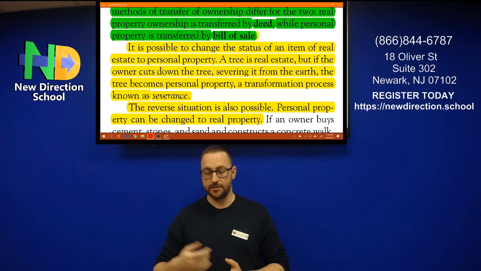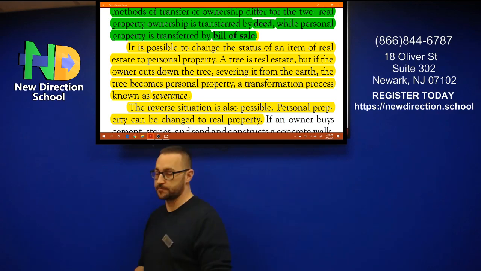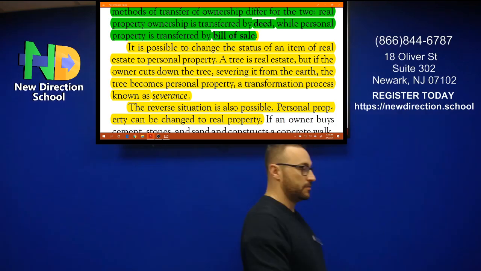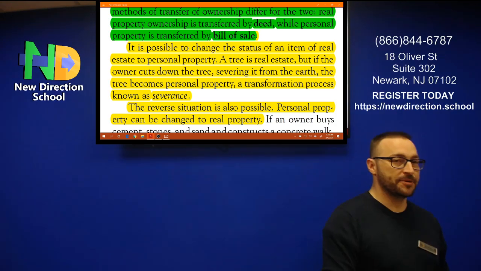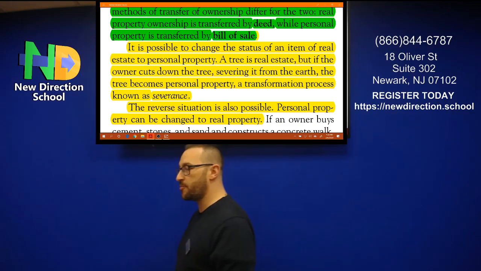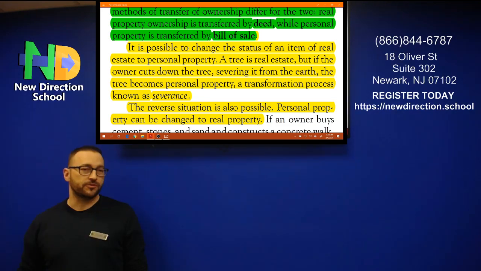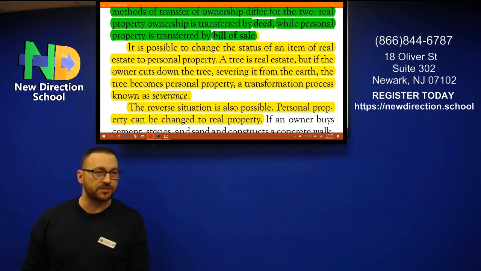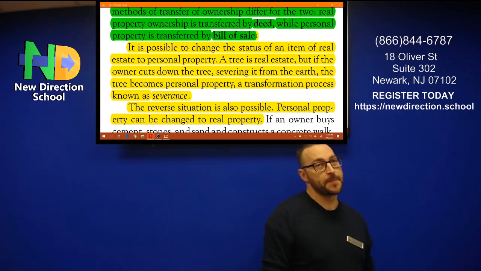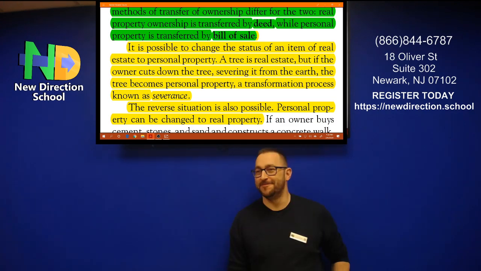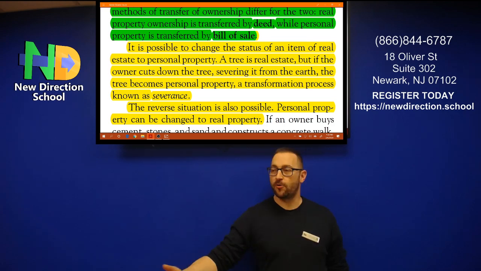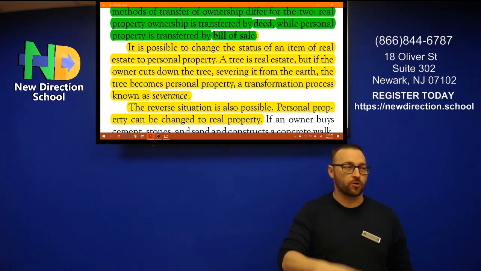Now, the reverse situation is also possible, where we can have personal property and make it real property. You guys remember the example? It was a long time ago, when I was talking about going to Home Depot and buying materials. We bought stuff at Home Depot, we got an itemized bill of sale.